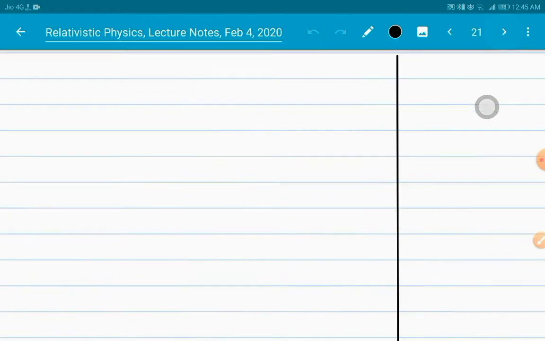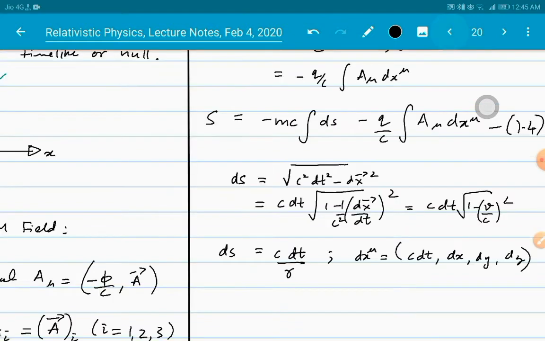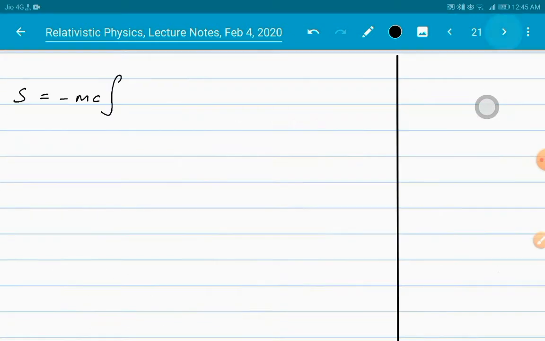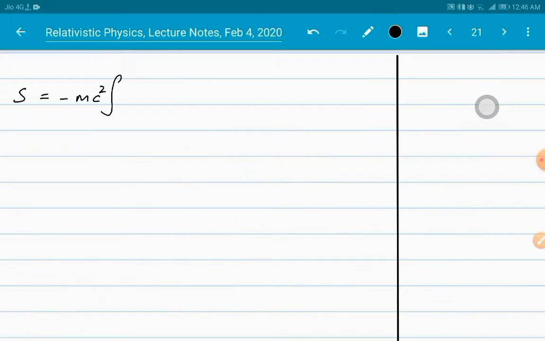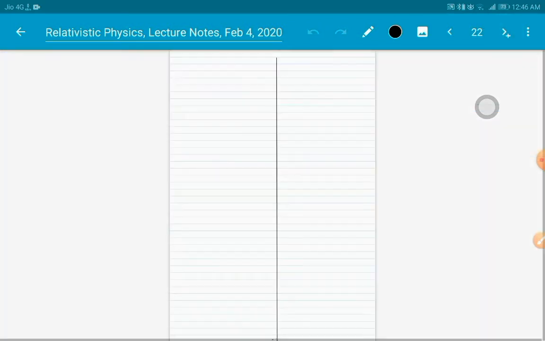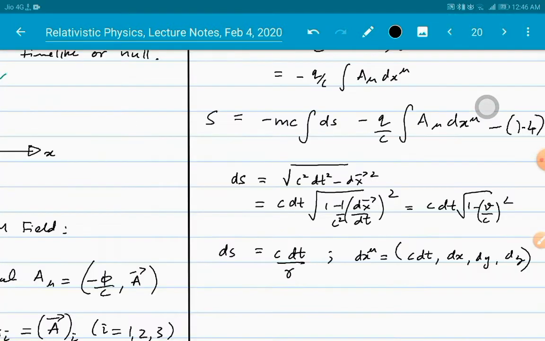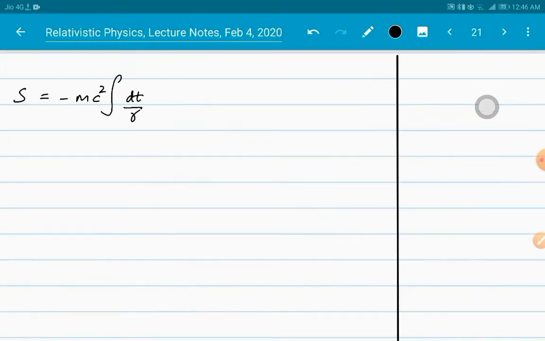So now our action becomes minus mc squared integral dt by gamma and minus q by c integral of a mu dx mu.